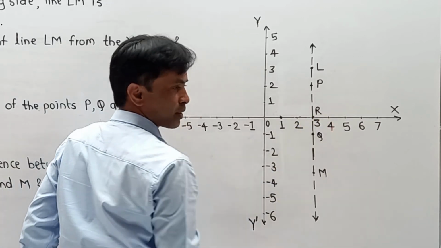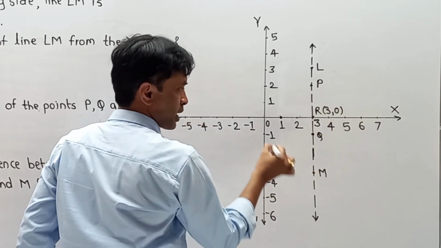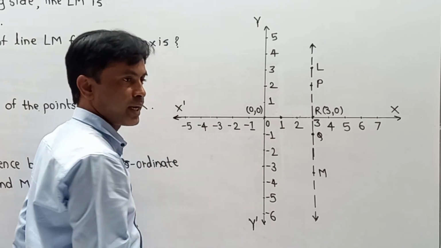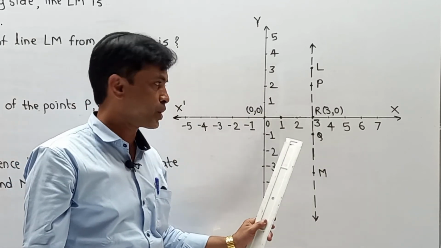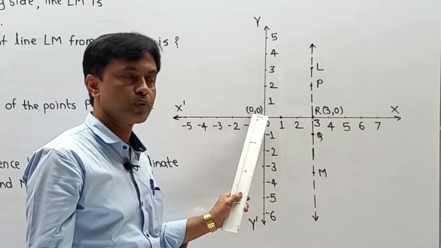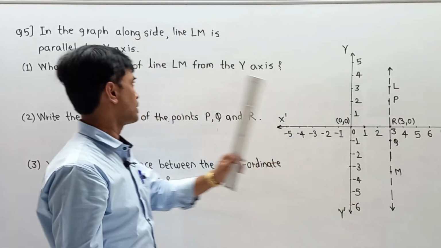So, we have a point R, and R has a coordinate 3, 0. And here the origin has a coordinate 0, 0. To take the distance over here, we have to take the difference between the x coordinate of R and the x coordinate of O. Means here 3 minus 0. So, I am writing the part over here.